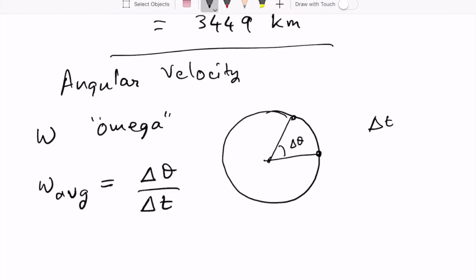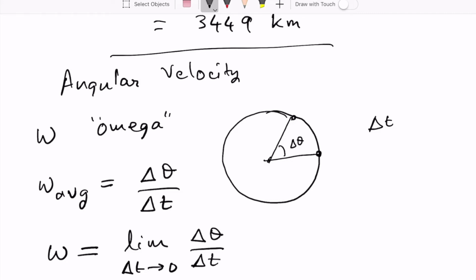If you want to know what is omega at t equals 5 seconds, then you consider a delta t which is very close to 5, like from 4.999 to 5.001. So the instantaneous angular velocity, which is what we are far more interested in, is the limit delta t going to 0 of delta theta divided by delta t.